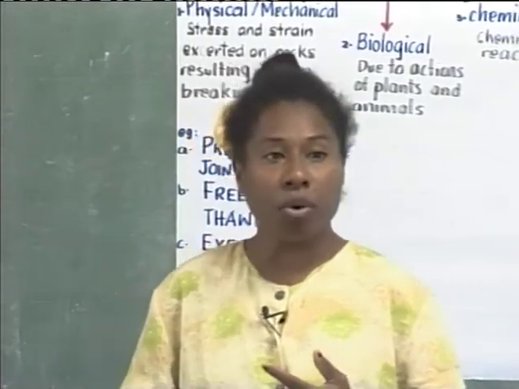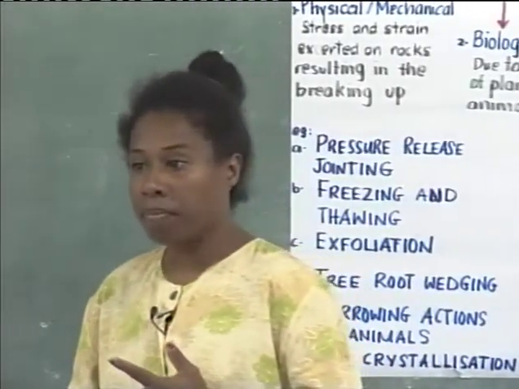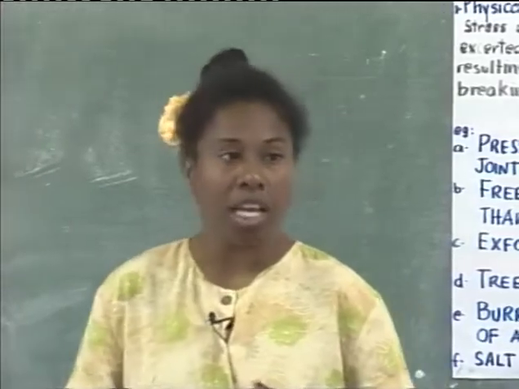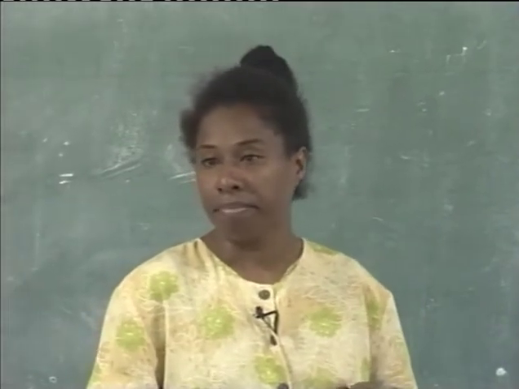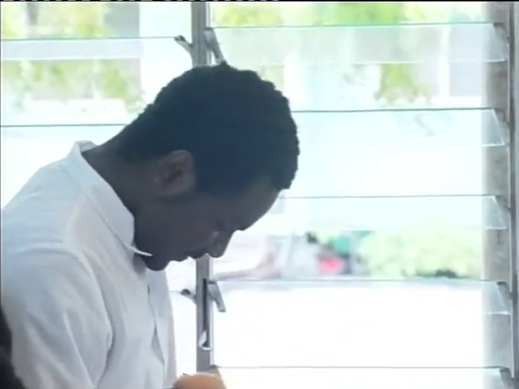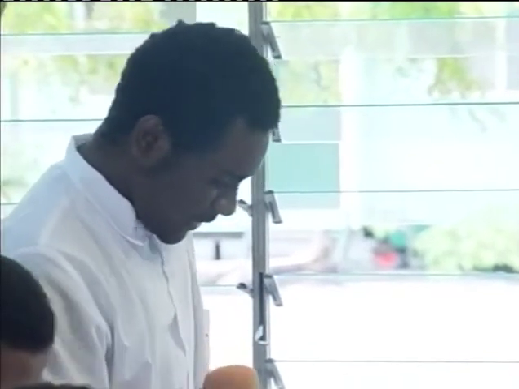We also have the process of erosion. And what does erosion involve? Caleb, what is erosion, or define erosion? The process by which rocks are worn down by moving agents, for example, water, wind, and ice.